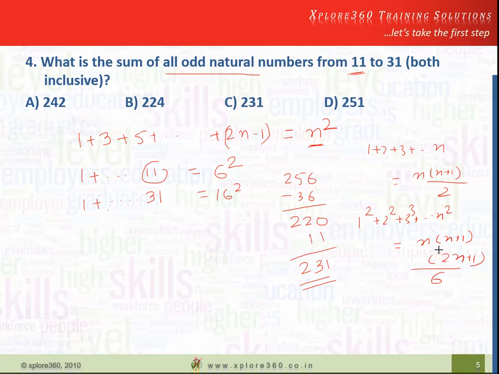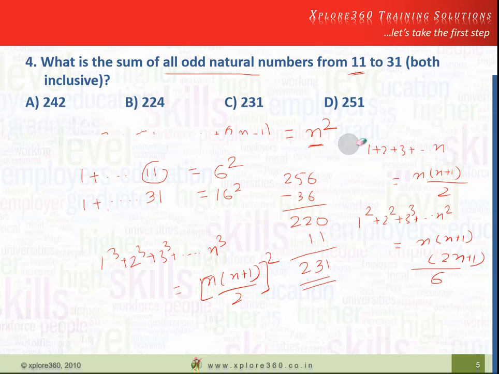You must remember this. Similarly, 1 cube plus 2 cube plus 3 cube dot dot dot n cube equals n into n plus 1 upon 2, whole square. You must remember these formulas because they are going to help you in the examination. Moving to the next question.